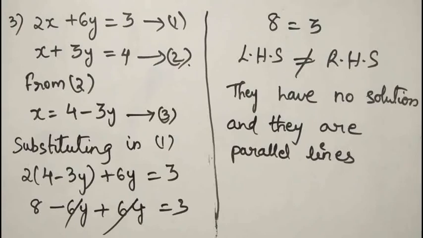In case of coincident lines, there will be infinitely many solutions. For that reason, after solving the pair of equations using the substitution method, you will get LHS equal to RHS. In case of parallel lines, after solving the pair of linear equations in two variables, you will get LHS not equal to RHS as they have no solution. Hope you have understood the concept of the substitution method in a pair of linear equations in two variables.